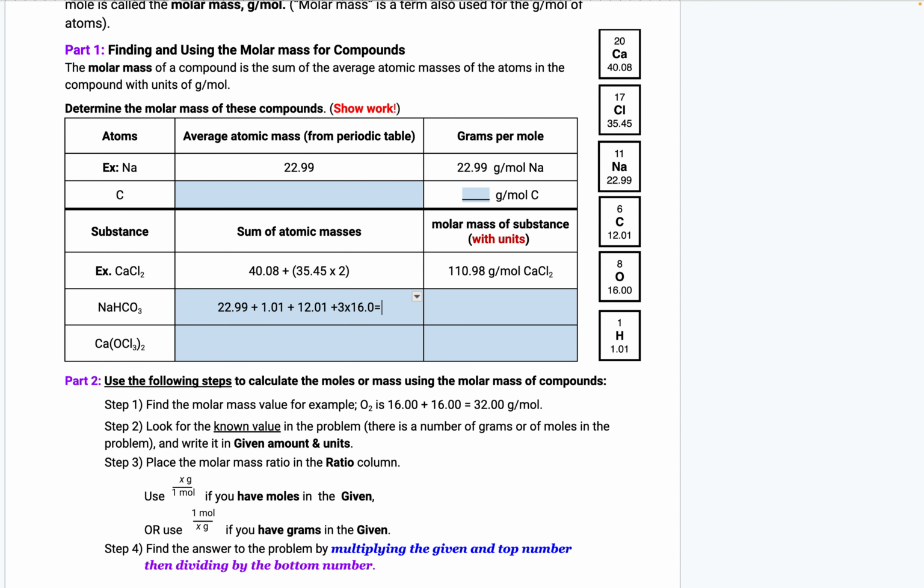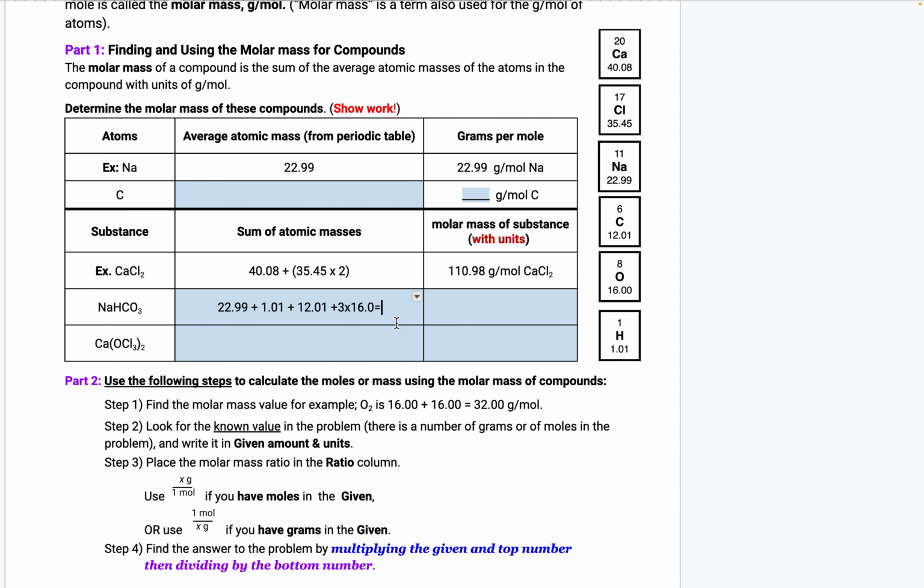So, hey Siri, what's 22.99 plus 1.01 plus 12.01 plus 3 times 16? No, it stopped. We're doing so well. Sorry, I took my phone out of my pocket. Hey Siri, what's 22.99 plus 1.01 plus 12.01 plus 48?